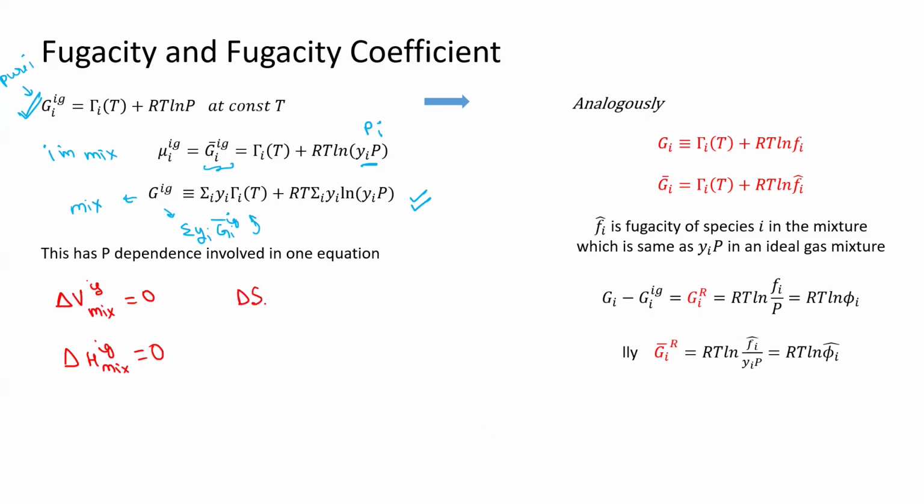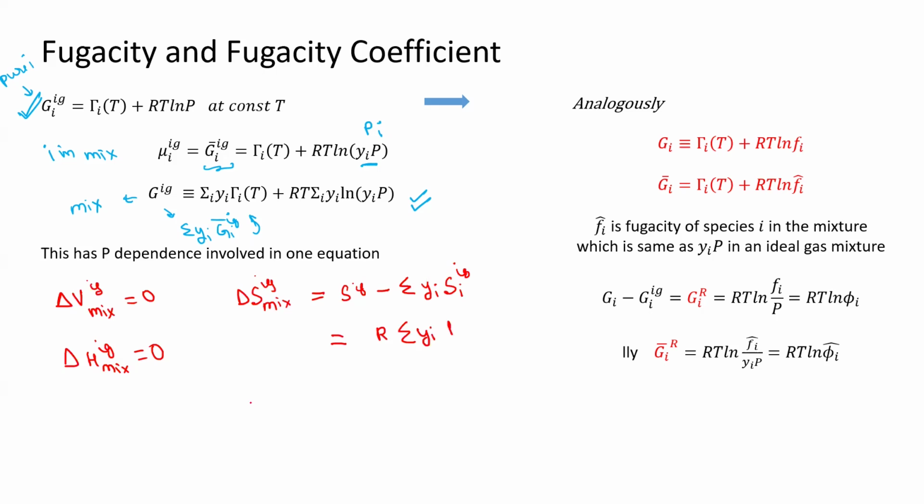But coming to delta S mixture in IG equals S^ig minus sigma y_i S_i^ig, this is defined like this, equals minus R sigma y_i ln y_i.